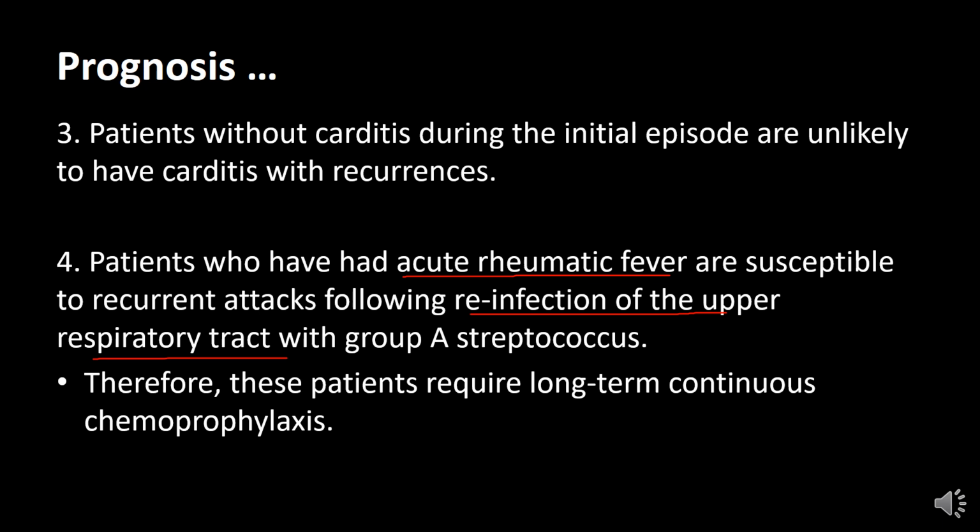Therefore, any child who has had rheumatic fever needs to have long-term continuous chemoprophylaxis, because so long as a child has had acute rheumatic fever, in future, if they get another throat infection with streptococcus, the chances of them having another episode of rheumatic fever are also high. And remember, we do not want recurrences, because with every recurrence, the chance of damaging the heart further is also increased. That is the reason why these children should be on long-term continuous chemoprophylaxis.